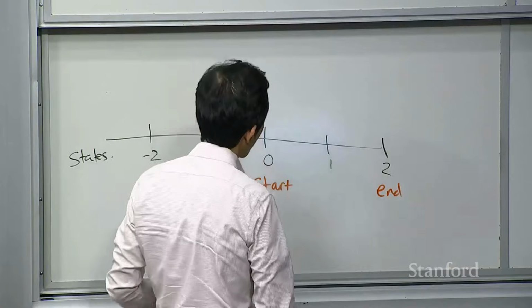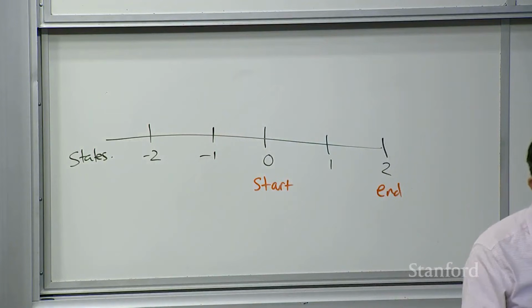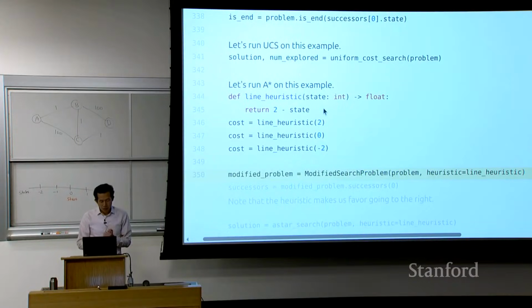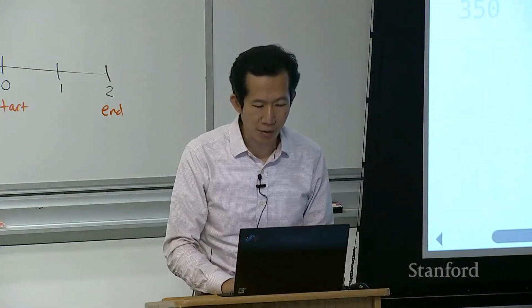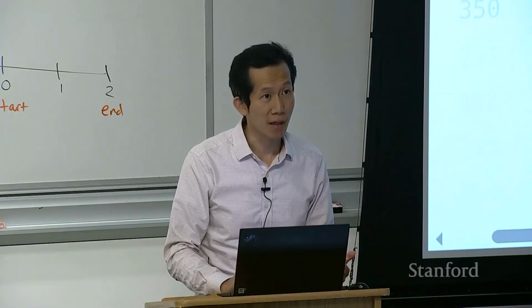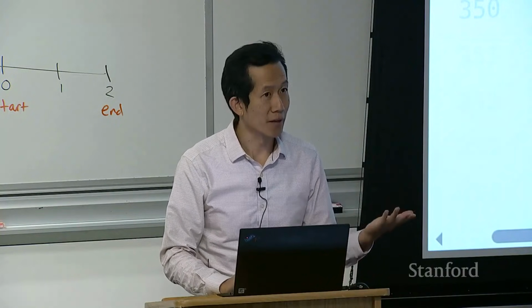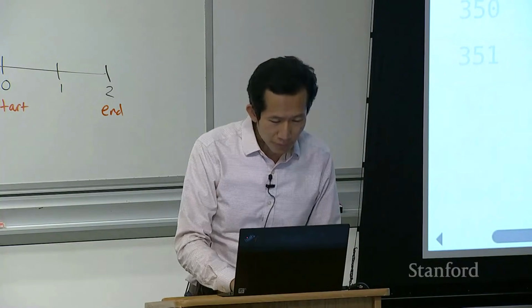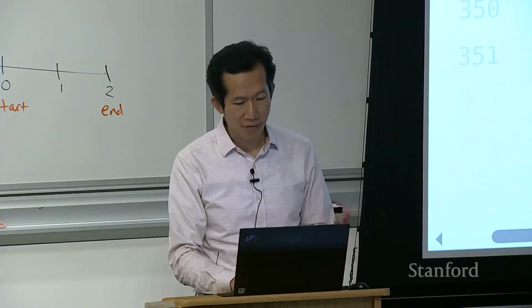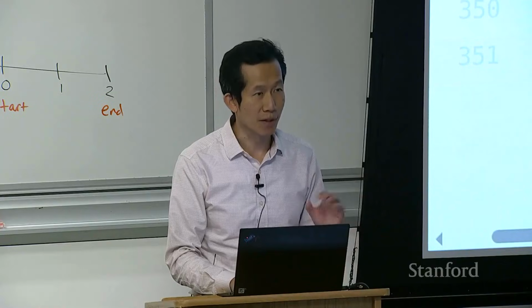Okay, so just have that mental picture up. Remember, A star is just UCS with different costs. Implementation-wise, I'm going to define a modified search problem where I pass in an original search problem and a heuristic, and I'm just going to define a search problem that uses that heuristic. The modified search problem is going to have the same states and actions, only the costs change.